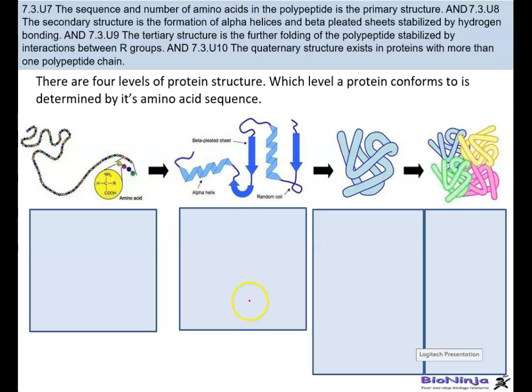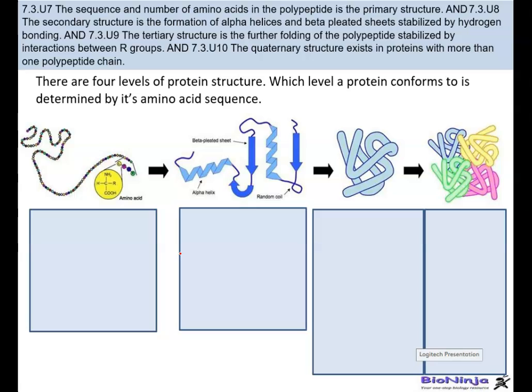I believe that this is the last slide, and it's very important, a very nice slide. It explains the levels of protein structure: each protein starts from level 1, or primary structure, then secondary, tertiary, and quaternary.